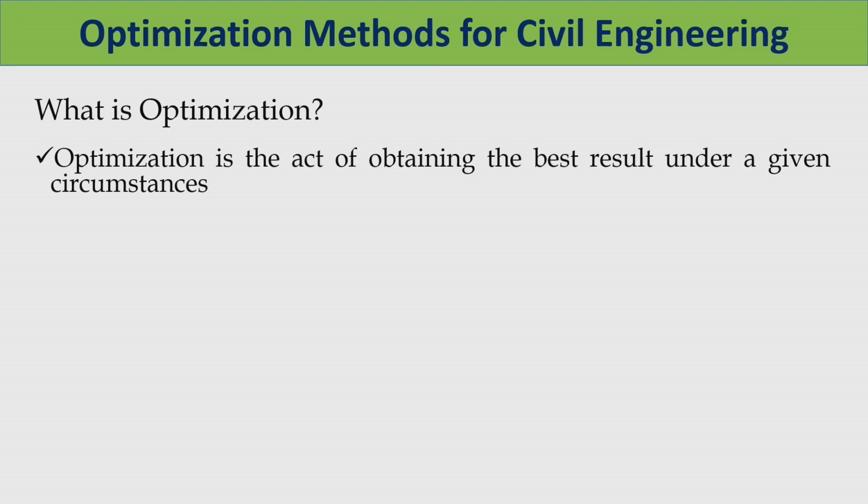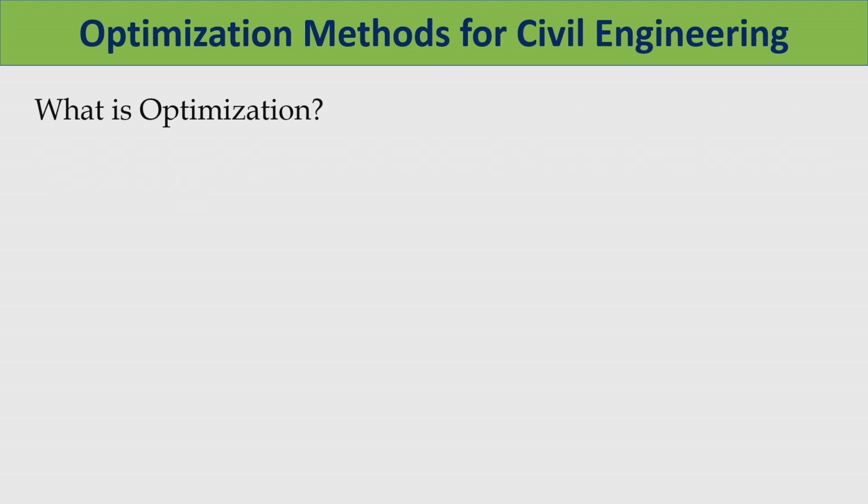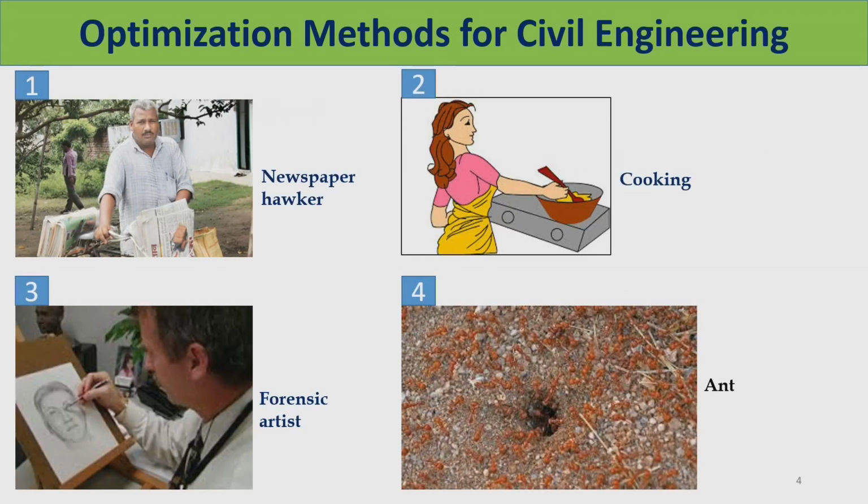Optimization is the act of obtaining the best result under a given circumstances. Okay. So, if you go back to these figures again, you can see they are performing some activities and they are trying to find out the best result. So, what the first person is doing, the first photograph, he is trying to distribute the newspaper within a short duration.